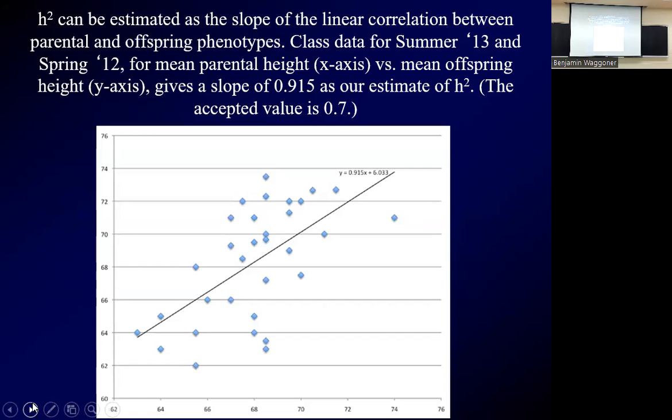And this is actually data from spring of 2012 and summer 2013, where I had them do what I've asked you to do, which is bring in your height and the height of all of your full siblings.